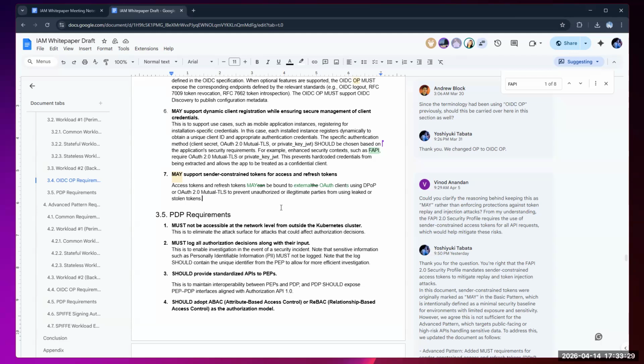Okay. So I have a question here. FAPI 2.0, they have defined an attacker model for it. So is it only applicable to those threats which are mentioned in that attacker model? Are we discussing those threats here?